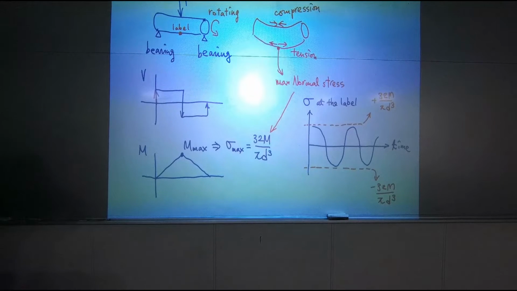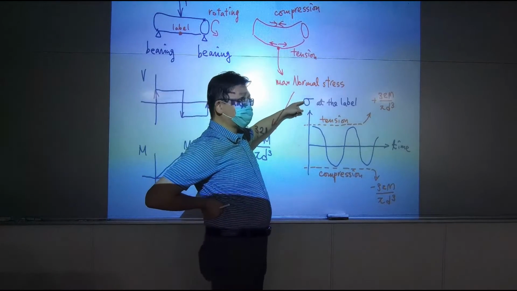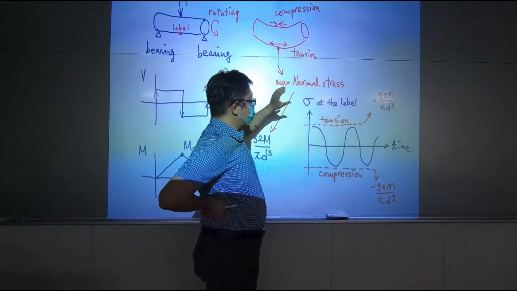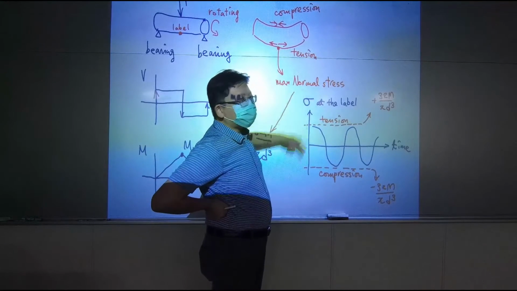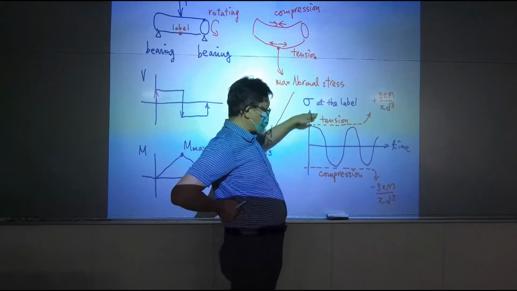Okay? And over here we are under tension. Over here it's under compression. So if it's rotating, this material is experiencing changing loading conditions. It's up and down, up and down. Okay?